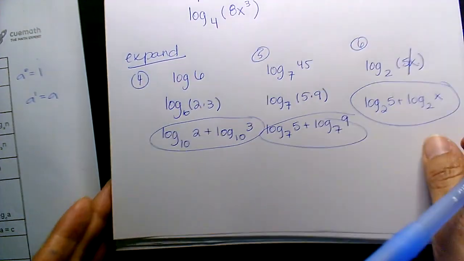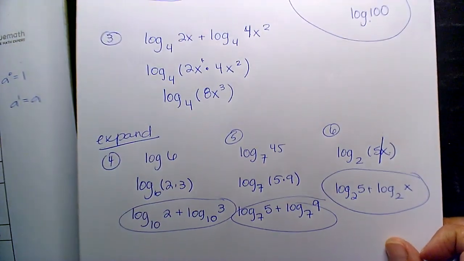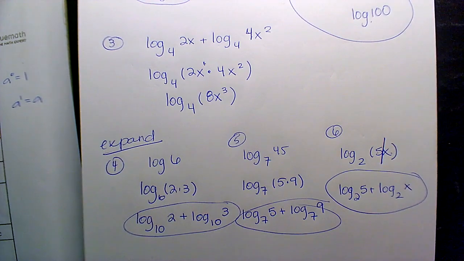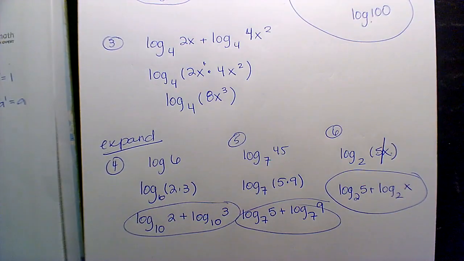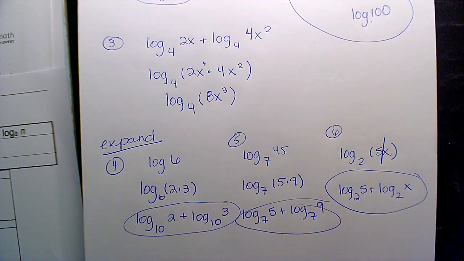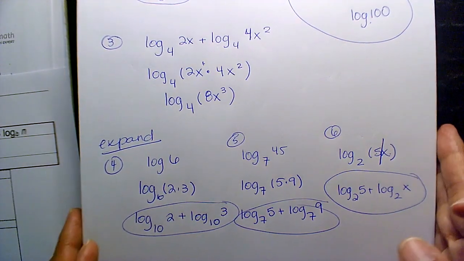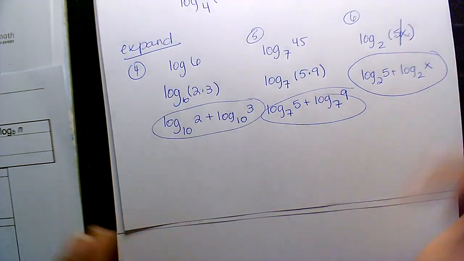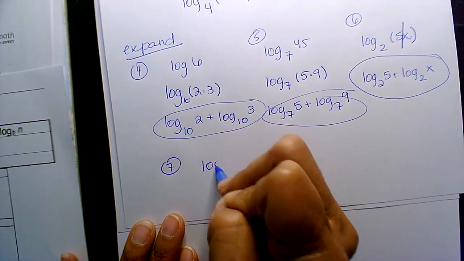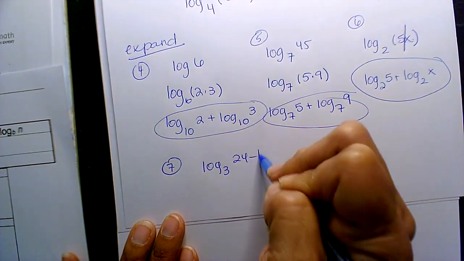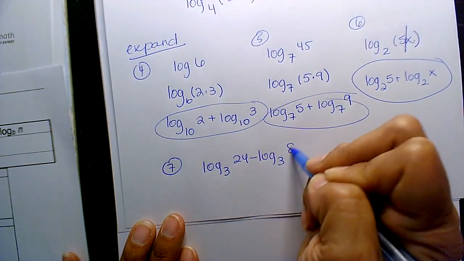So this sheet is just condensing and expanding. Okay, so then 7, 8, and 9 is subtraction, and subtraction is a fraction. So log base 3 of 24 minus log base 3 of 8.